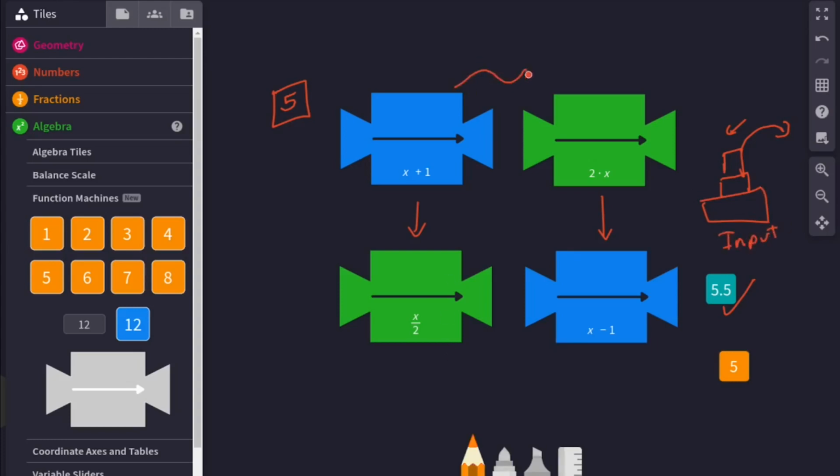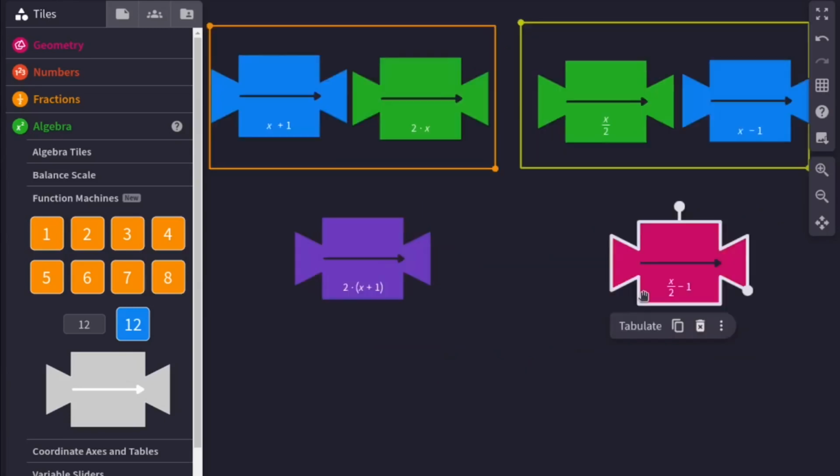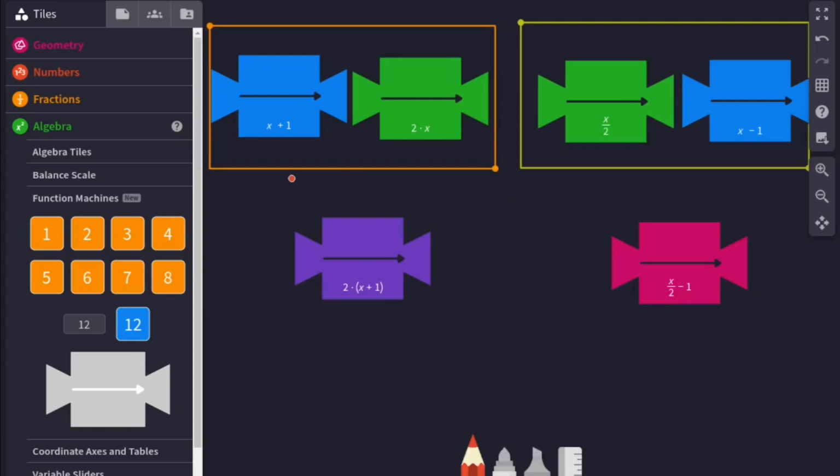So if this is the function f, what we have here is the inverse of that function. Now what I have here is the composition of the two functions. Now this gives me the overall effect, or the composite function that we obtained earlier when we were discussing composite functions, which is 2 times x plus 1.